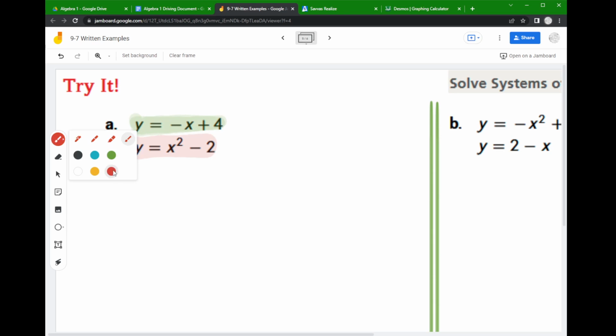Now, another thing that I'm a little bit picky about is I like to keep my x squared positive because then it makes factoring a lot easier. So when I go to restack my equations, I'm actually going to stack the red one first so that when I go to subtract the two equations from each other, the x squared doesn't flip to being negative.